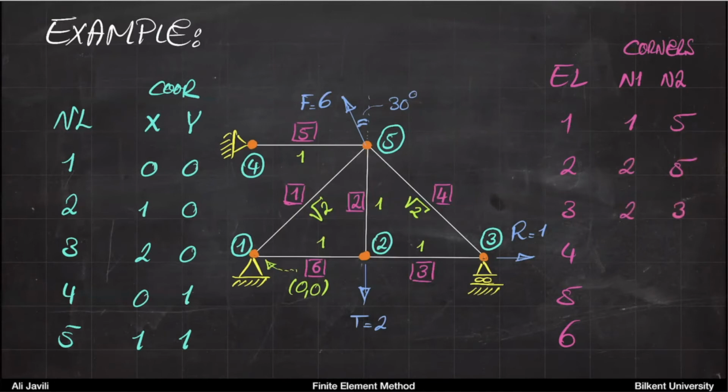Element 4 goes from 3 to 5. Element 5 goes from 5 to 4, or 4 to 5, depending on how you want to look at it. Let's say 4 to 5, so that we look always from left to right. And element 6 would be between 1 and 2. Okay, so this is the element list, or connectivity again.